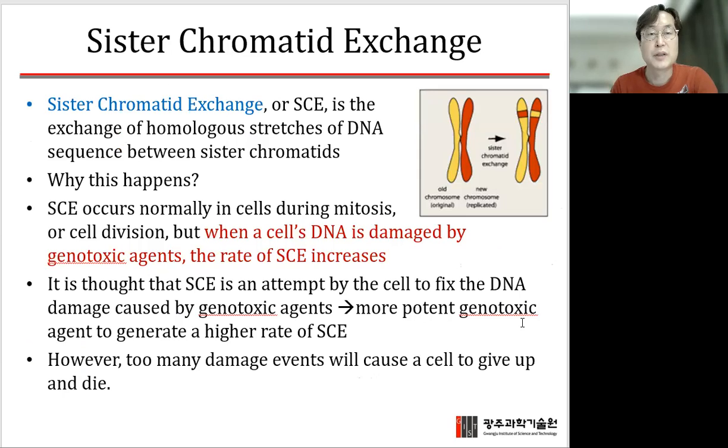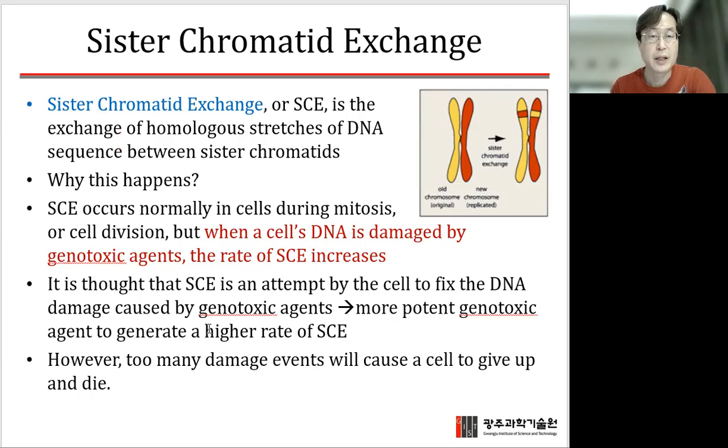So this sister chromatid exchange, or simply SCE, is the exchange of homologous stretches of DNA sequence between sister chromatids. And why is this happening? Because sister chromatid exchange occurs normally in cells during mitosis, in other words, cell division. But when the cell DNA is damaged by genotoxic agents, then the rate of sister chromatid exchange increases.